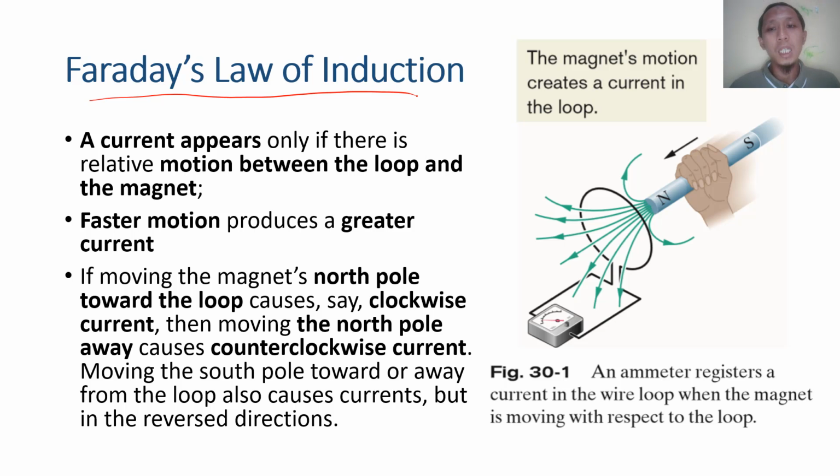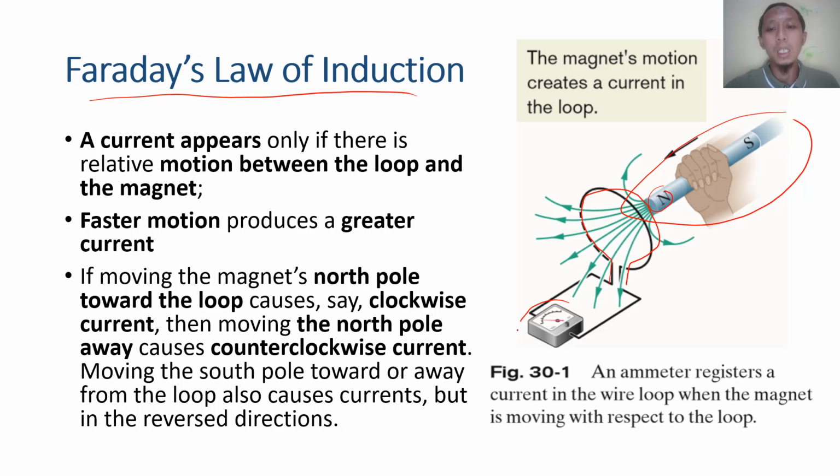You can see from the picture that we have a magnet like this one, with a south pole and a north pole, and then we have a wire loop like this one.